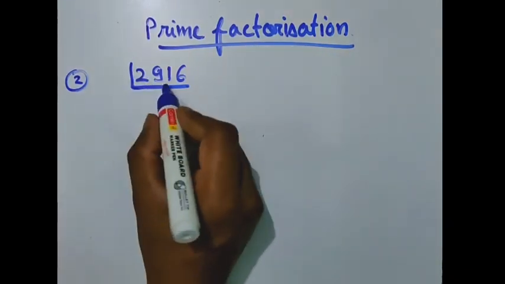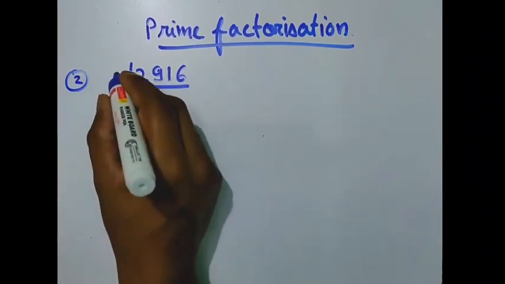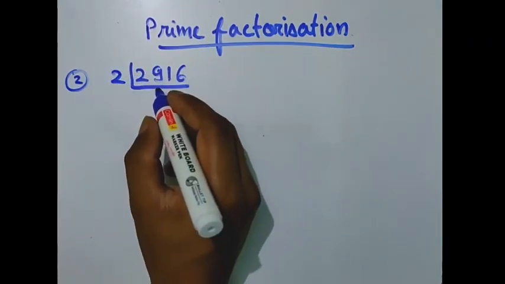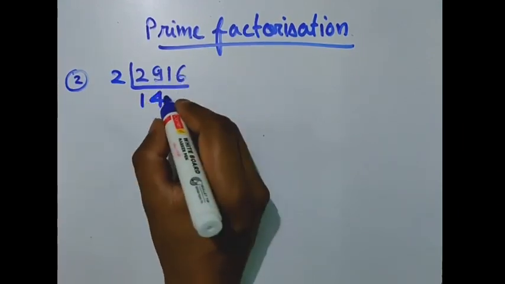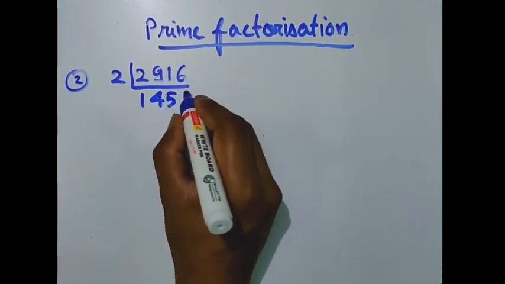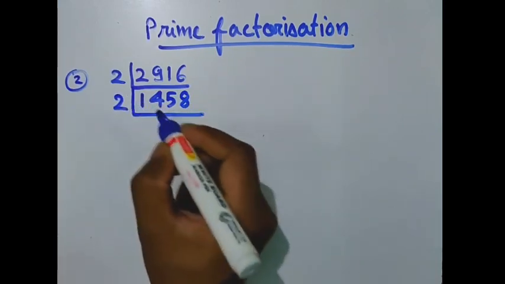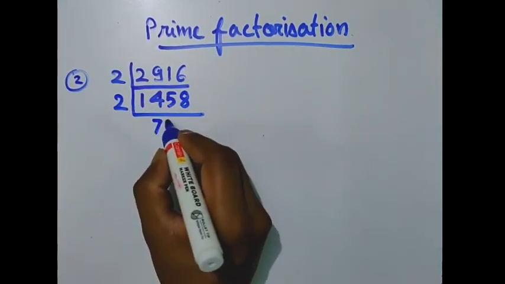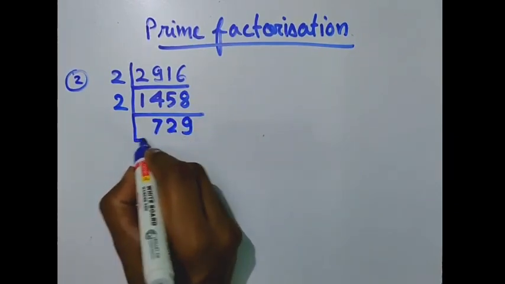We'll start with the smallest prime number that can divide this number, that is 2. So 2 1s are 2, 2 4s are 8, carry 1, then 2 5s are 10, carry 1, 2 8s are 16. Next 2 7s are 14, 2 2s are 4, 2 9s are 18.